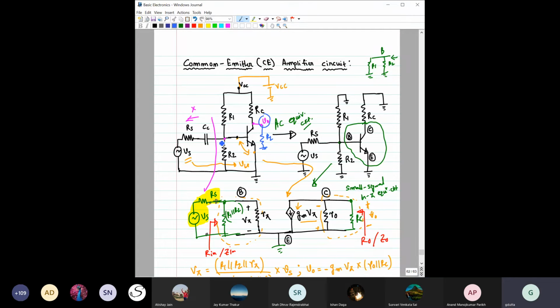Okay, so if you have understood this part, and how to analyze this type of basic common amplifier circuit, then it is fine. Here I want to mention one thing.